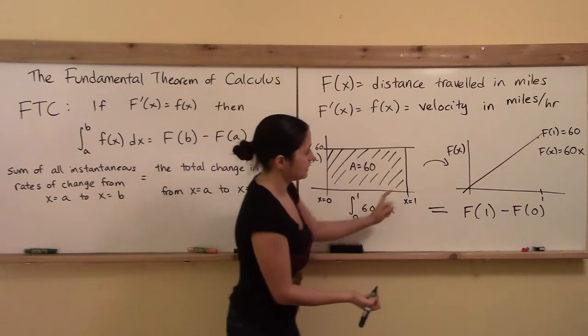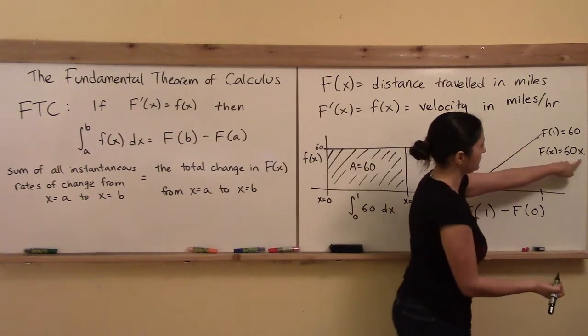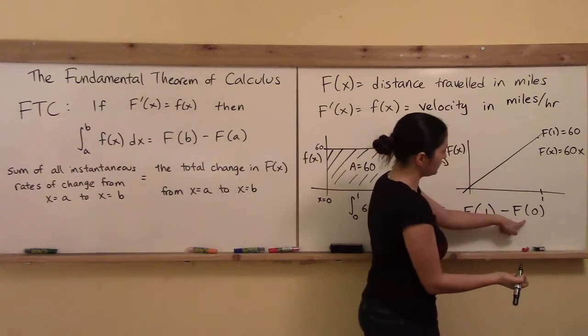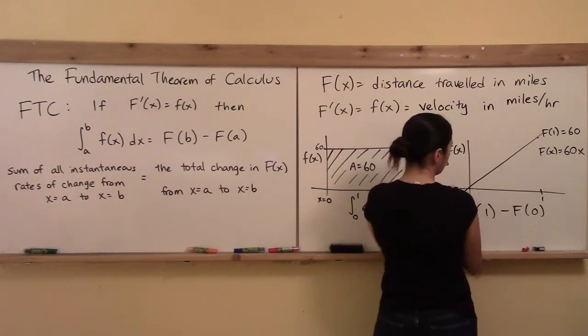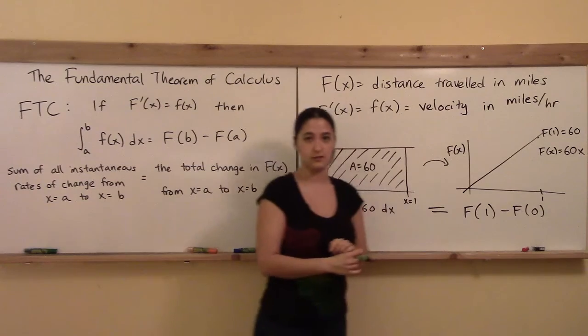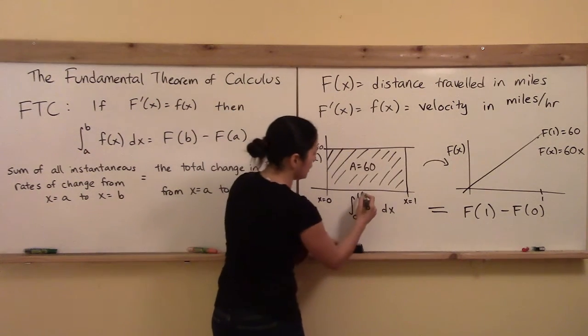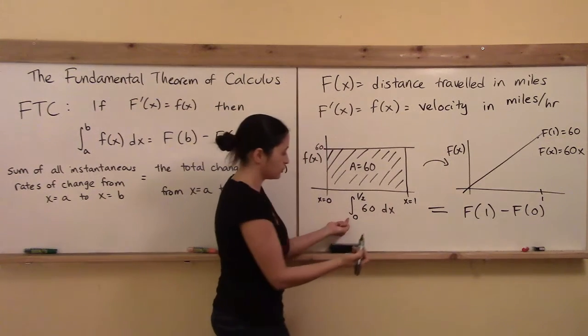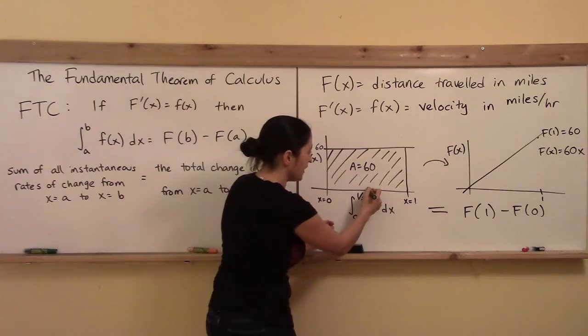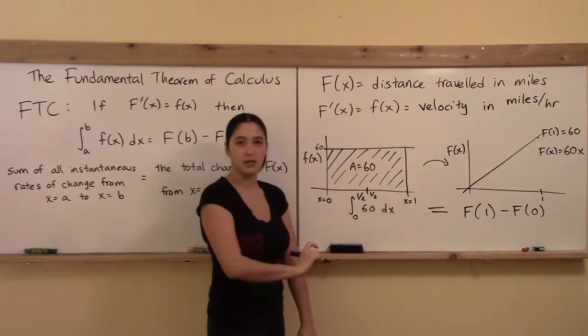Okay? And you can see that F of 1 on the curve 60x is 60, and F of 0 is 0, and I'm just traveling linearly just like that. Now, let's say I wanted to change my integral, so I was just going from 0 to 1/2. That would just be the area from x equals 0 to x equals 1/2.